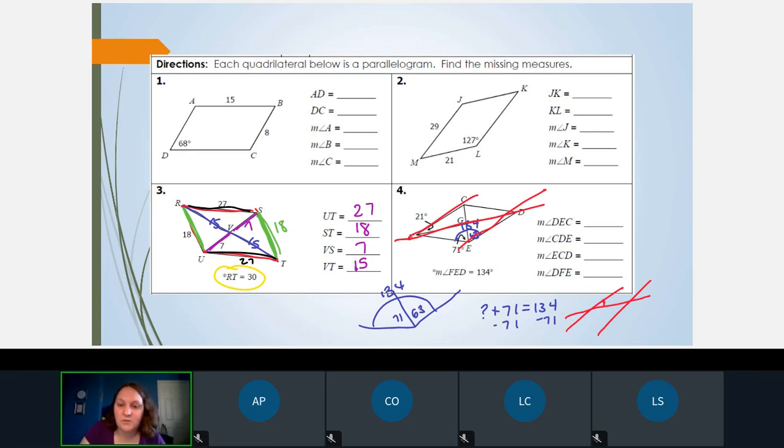What angle relationship would my visual here show? 2 angles in between the parallel lines, but on opposite sides of the transversal. Alternate interior. John, you're awesome. Good job, Camilla. You're right. Alternate interior angles are congruent.